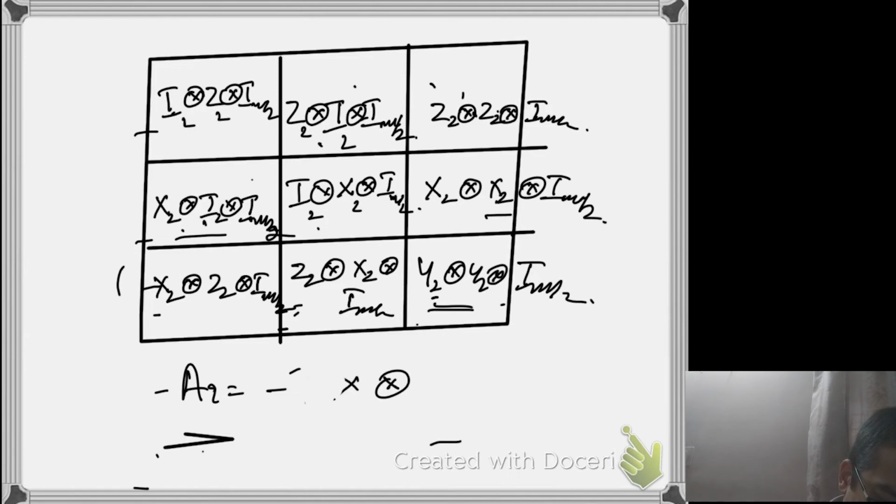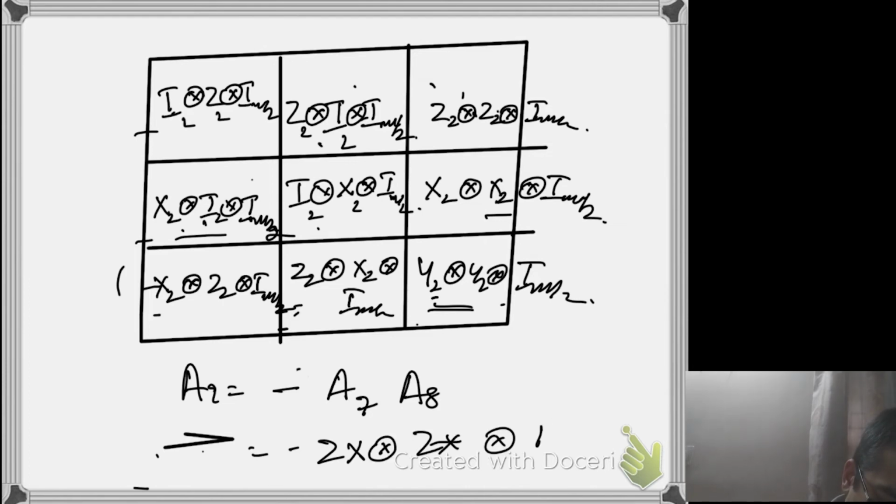Yes, this has to be minus A7 A8, which equals minus ZX tensor IM by 2, and I can write it as minus XZ tensor IM by 2, and this minus sign I can write as iota square, and one iota will go with this XZ, the other iota will go with this. So overall this will be Y tensor IM by 2.